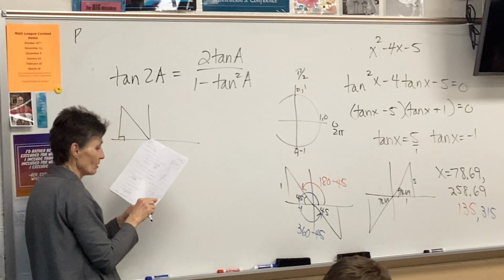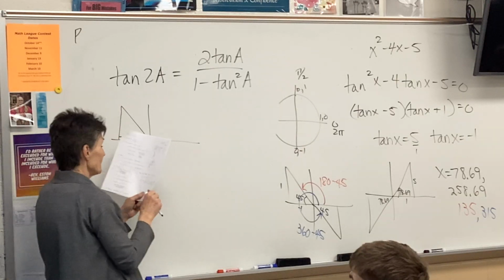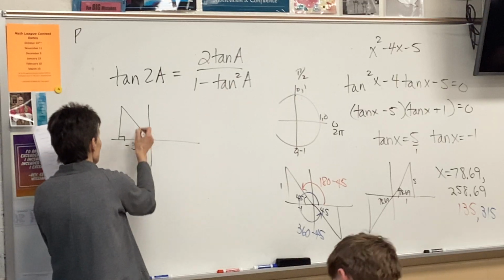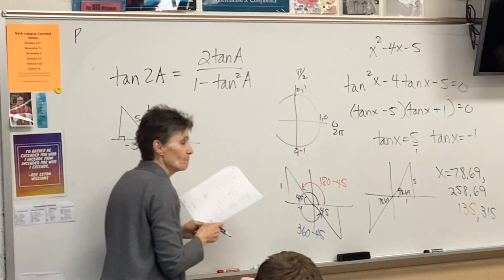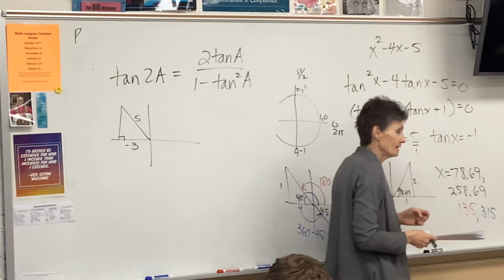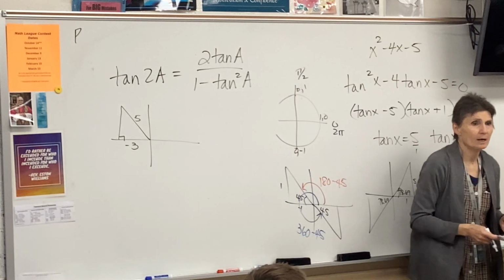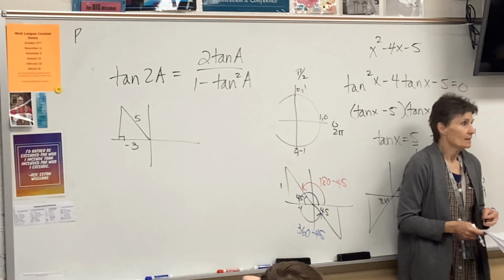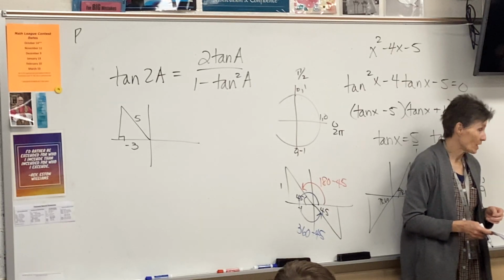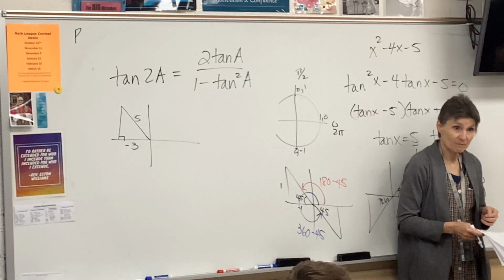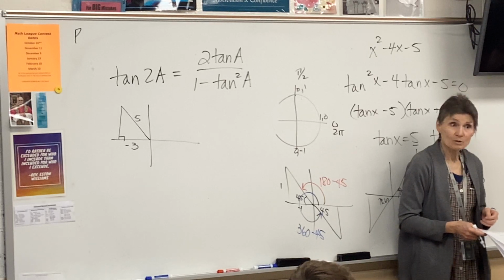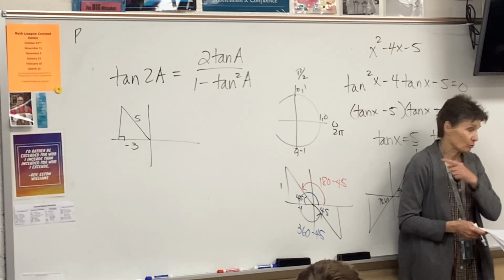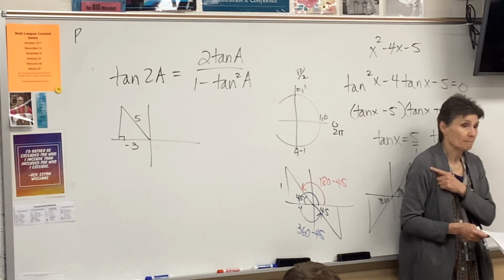It tells me that right there in the problem. And it says the secant is negative 5/3. So remember, secant is the reciprocal of cosine. So that means hypotenuse over adjacent is negative 5/3. Hypotenuse never gets the negative. Do not put the negative on the hypotenuse ever. But 3 is clearly negative.